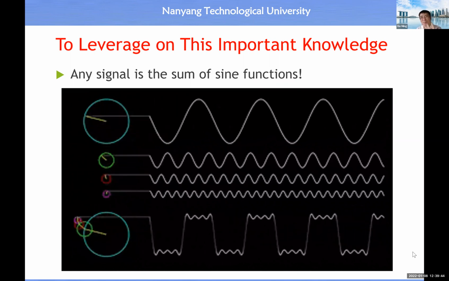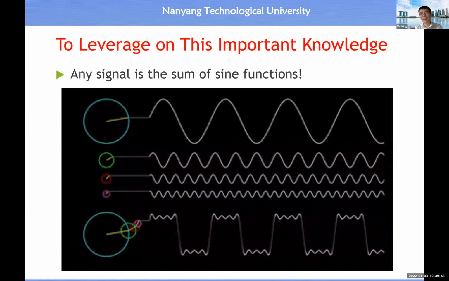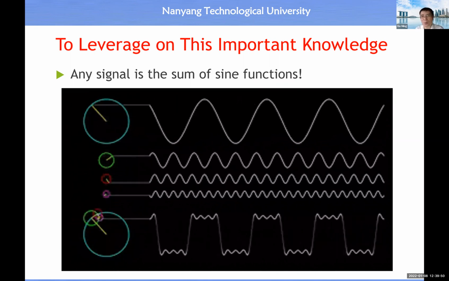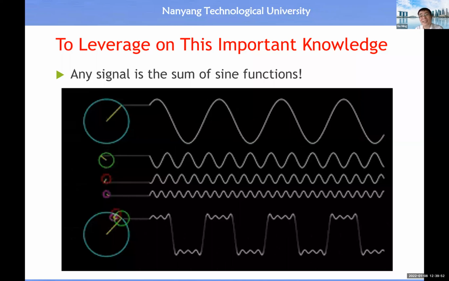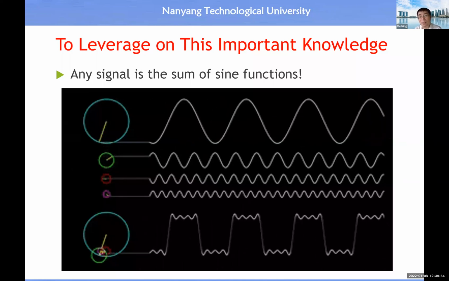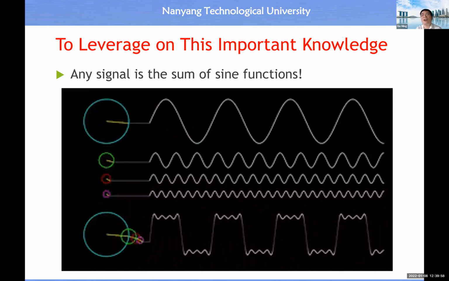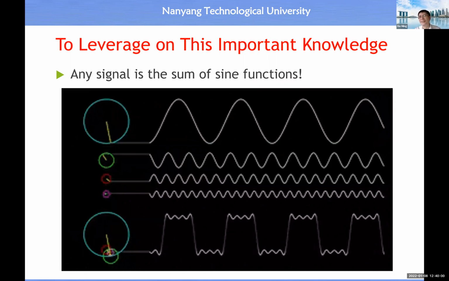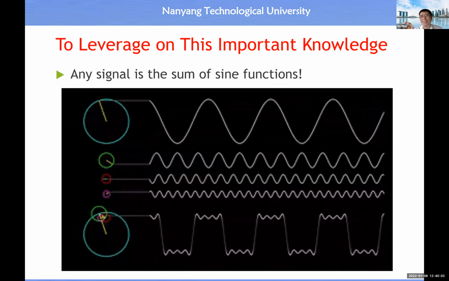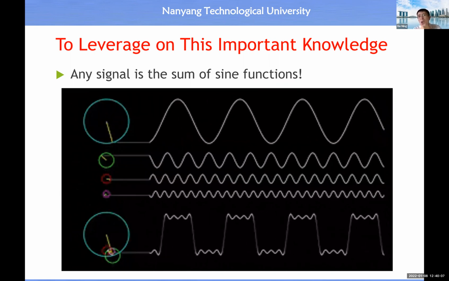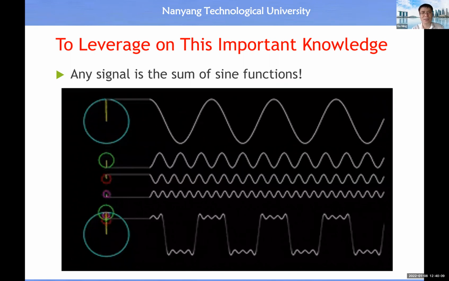You should not be worried about such a signal, saying I do not understand the nature of this signal. If you remember the conclusion from the Fourier transform, then you immediately know this is just a sum of sine functions. If you understand an individual sine function, then you should be able to understand all signals in the physical world.